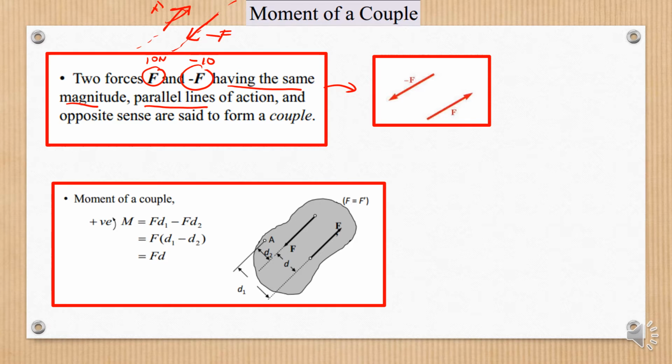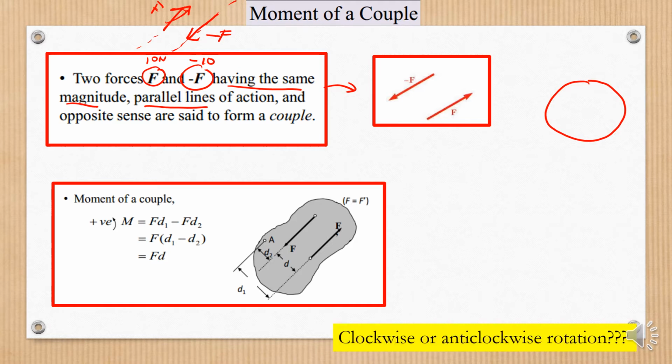A simple example I can explain is imagine that you are holding the steering wheel of a car. In order for the steering to turn in the clockwise direction, you need one force on the right of the steering pointing upward, so your hand slightly pushes the steering up.